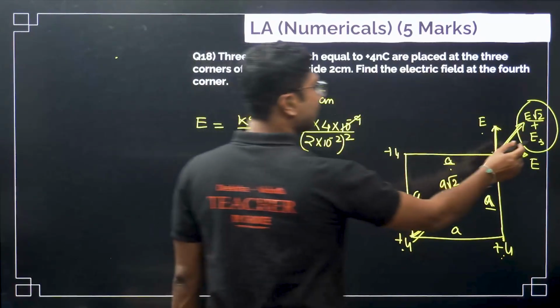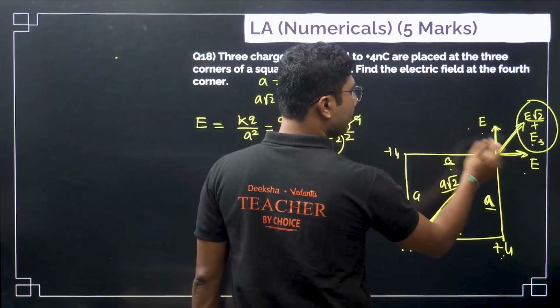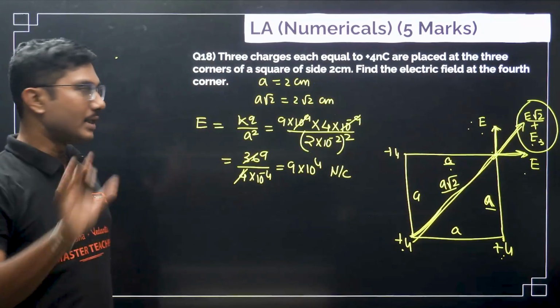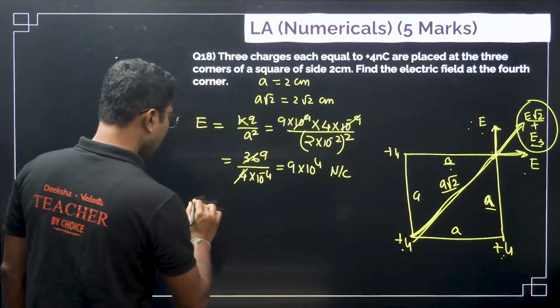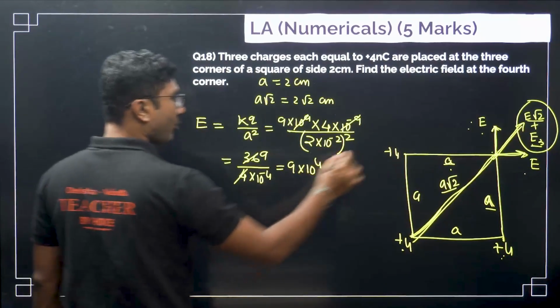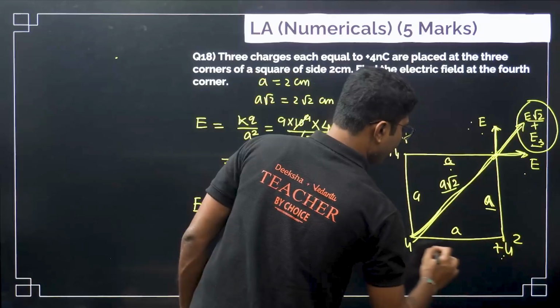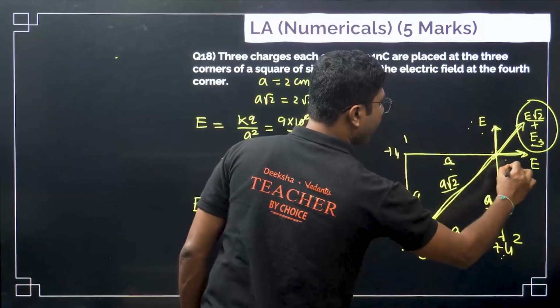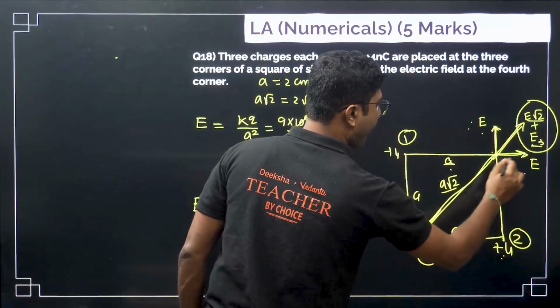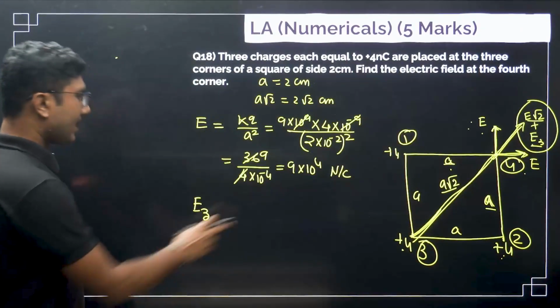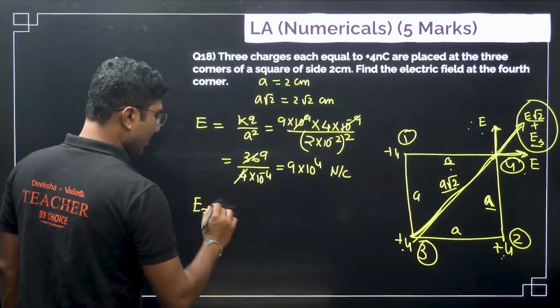Both of them will be the same, so if you calculate once, done. Now what is the electric field E3? This is 0.1, 0.2, this is 0.3, this is 0.4. That is why I am saying this is electric field 3.